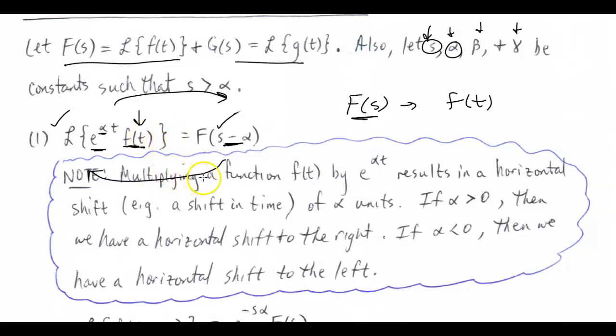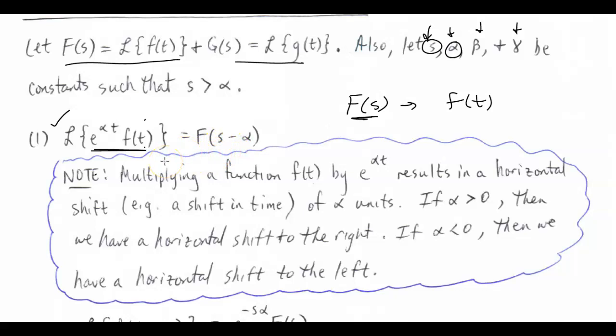Now, from a conceptual standpoint, what is happening is that anytime we take a function and we want to take the Laplace transform of it, but that function comprises another function times an exponential, the exponential part of this entire function is actually causing a shift in the s domain for this particular function.